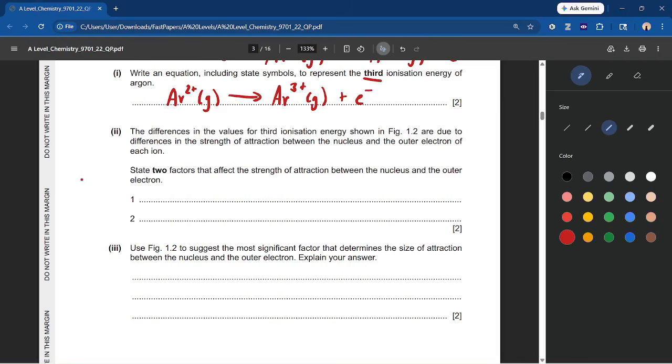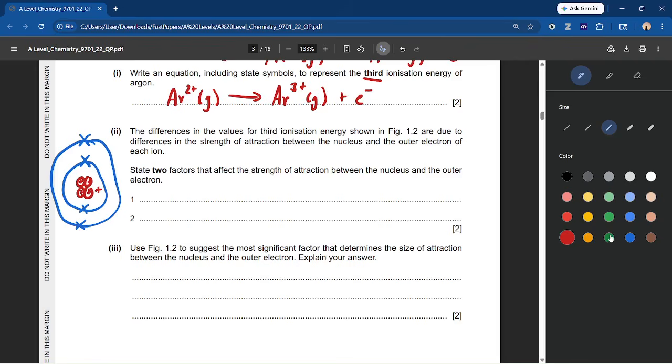We know that the nucleus is a bunch of positive charges. So let's say there are 4 protons here, and we're going to have 1 outer shell. I'm going to use crosses to signify electrons over here, and then 1 over here. Because these are positively charged, I'm going to give a positive over here.